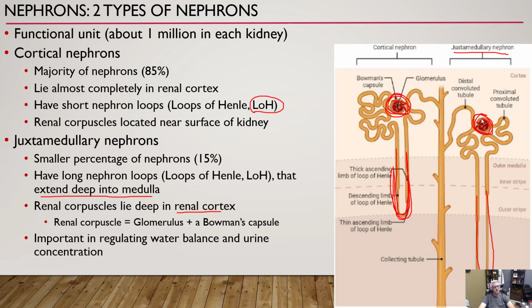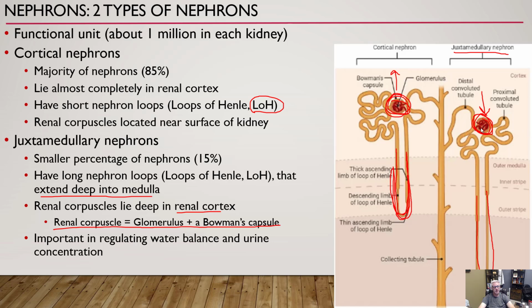So the juxtamedullary nephrons' renal corpuscles lie more deep, whereas the cortical nephrons' renal corpuscles lie more superficial. And remember that a renal corpuscle is basically a glomerulus plus a Bowman's capsule.